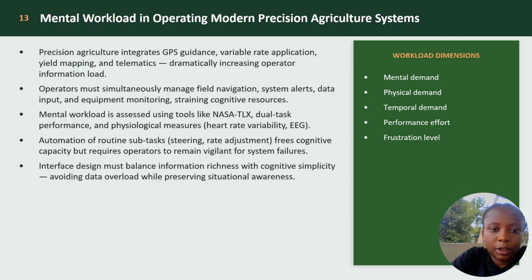The fourth one, automation of routine subtasks, like rate adjustment, frees cognitive capacity and requires operators to remain vigilant for system failures.